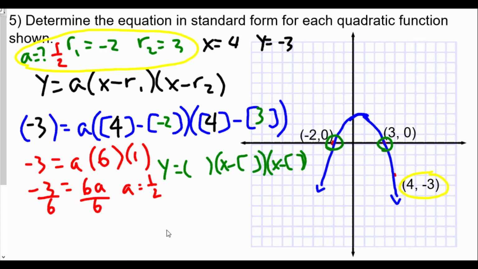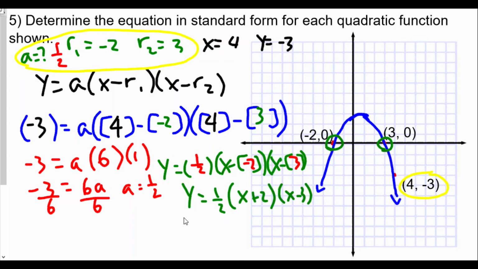Now plugging in a value 1/2, our x value is -2, and the other root in this case is going to be 3. Oh shucks, the 1 we've got to fill in. No, it's actually we have a right. Sorry about that, ladies and gentlemen. So we have y is equal to 1/2 times x minus -2, which is x plus 2, and x minus 3 is x minus 3.